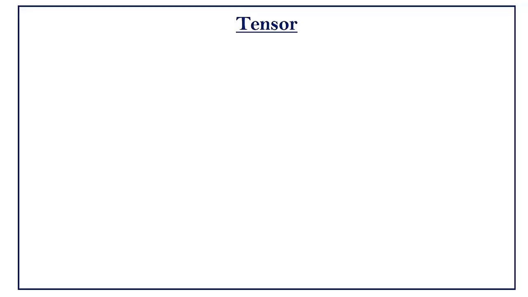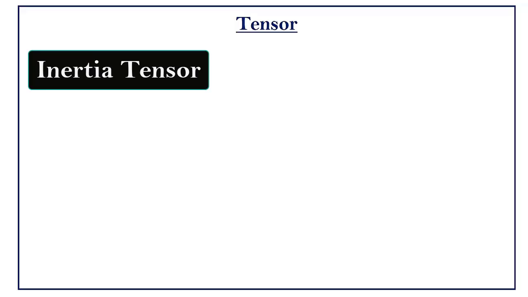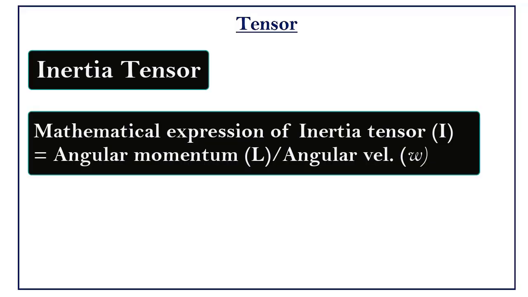If you look into the inertia tensor, the mathematical expression is I equal to L by omega. Then you can see that this quantity is made up of two vector quantities. One is angular momentum L and the other is angular velocity omega. Both are vector quantities and therefore both have a definite direction.